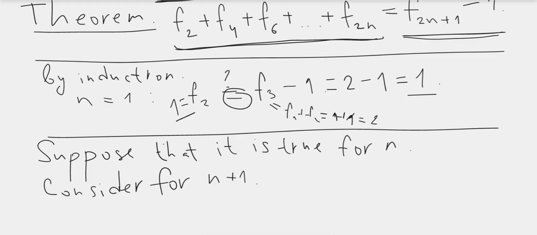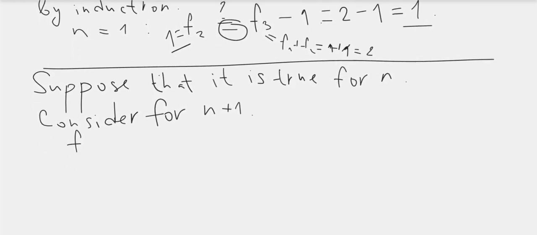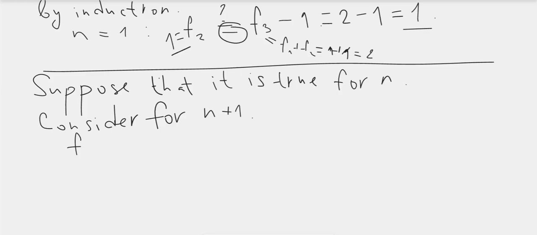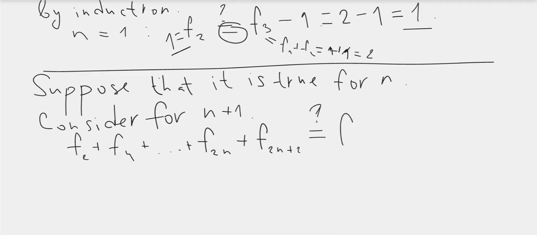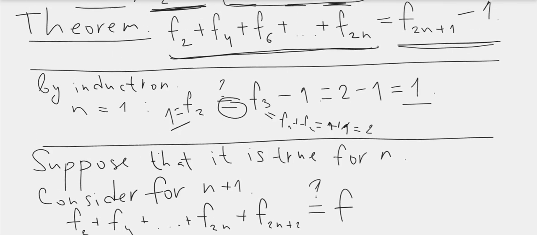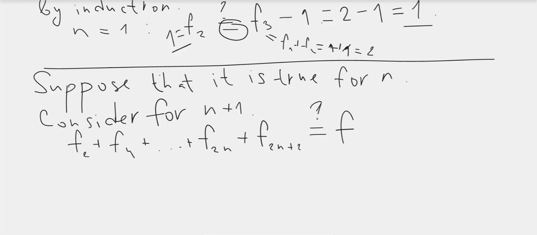So for n plus 1 we would have f2 plus f4 plus and so on plus f2n plus f2n plus 2, and on the right hand side, we need to prove that this is equal to f2n plus 3 minus 1.